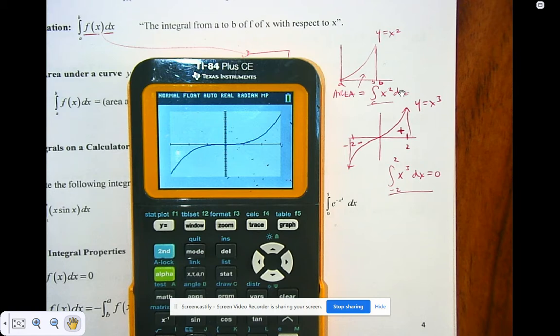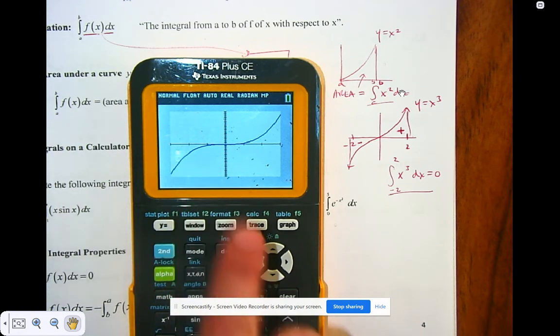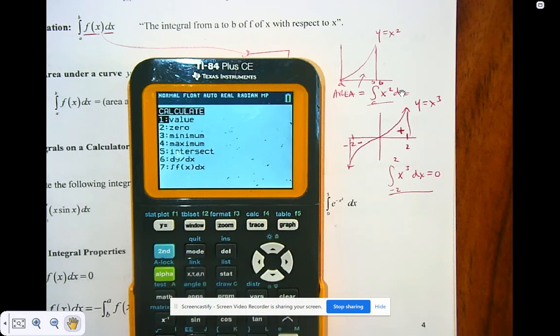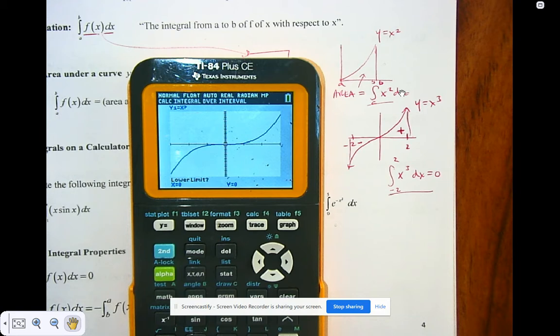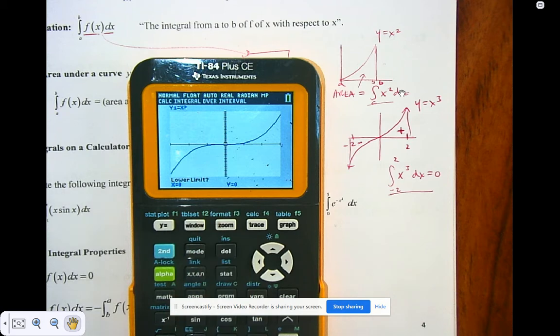And there's a way actually in the graphing function to see the integral as well. So let's go back to that calculate button. We've done that before when we calculated intercepts or zeros. Check out number 7, right down there. There's the integral. Hit it. It's going to start asking you some questions, which is weird because it's a calculator. Lower limit, saying, all right, well, where do you want me to start? Well, let's start back at -2 and then hit enter. And then it's going to say, all right, where do you want me to go to?